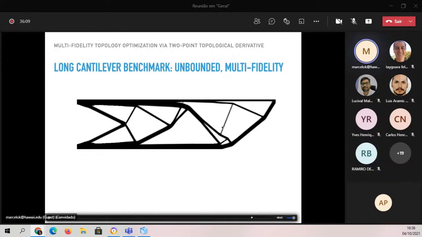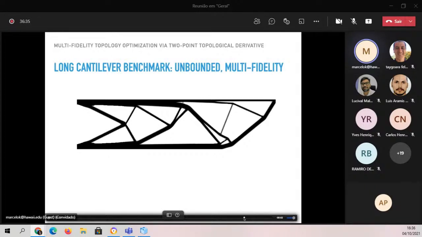There's no change in topology. There's no hole being created or any bar being eliminated. It's just moving a bar, but it takes forever for it to do it because SIMP, again, operates on the pixels of that domain. So it has to move thousands, tens of thousands of those pixels, and it can only do it at the boundaries of those pixels. So it's an extremely slow process.